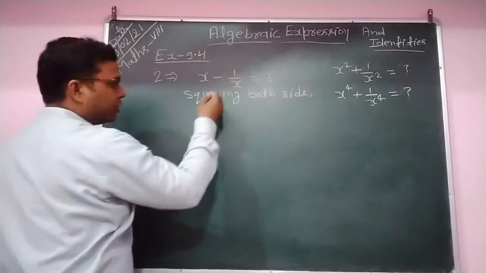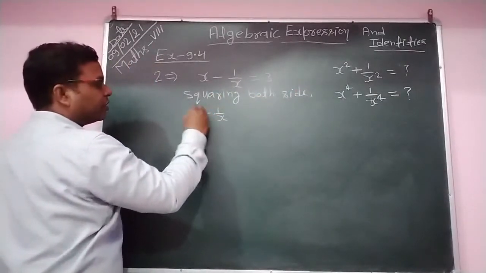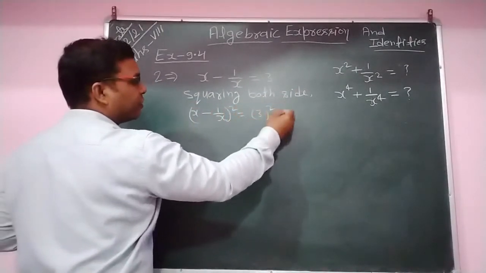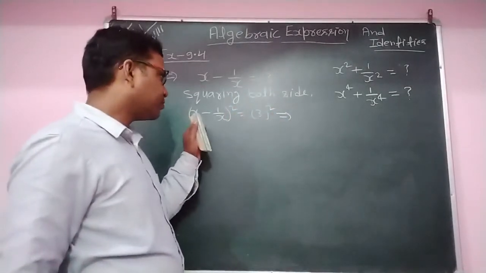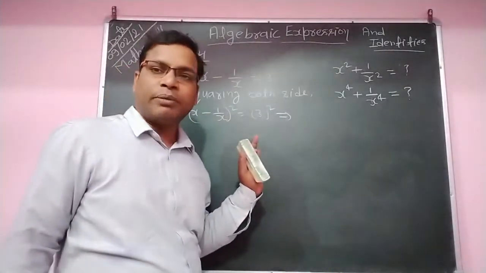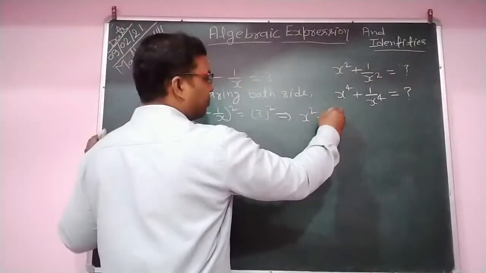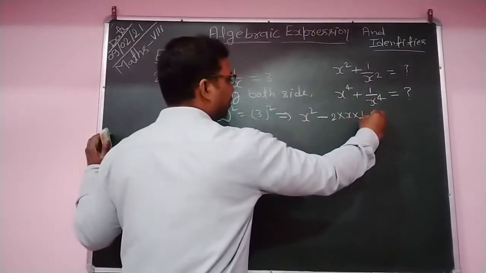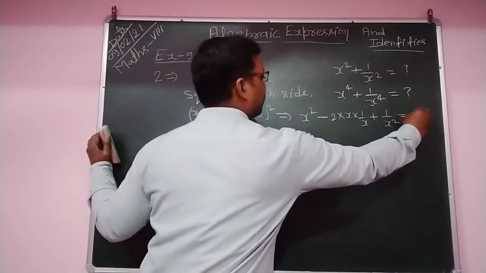So here, squaring both sides, we get x minus 1 upon x whole square is equal to square of 3. This is clear. Now you can see this is just the form of whole square of a minus b. So this is equal to x square minus 2 into x into 1 upon x plus 1 upon x square, and square of 3 is 9.